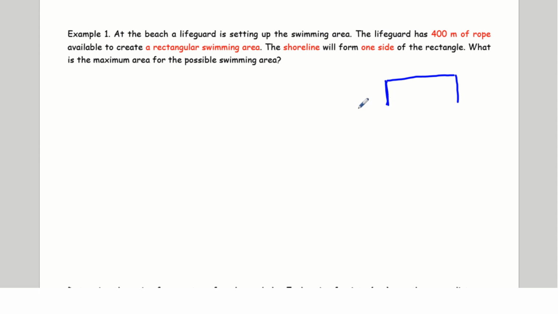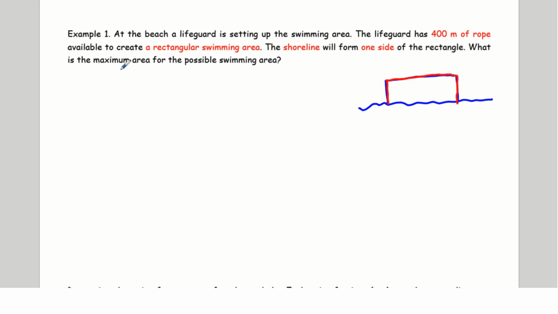The shoreline will form one side of the rectangle. So what is the maximum area for the possible swimming area? These 3 sides are going to use the rope, so together you have 400 meters.